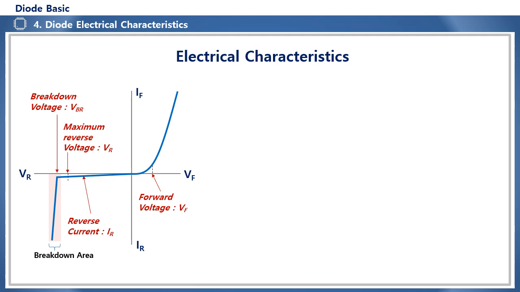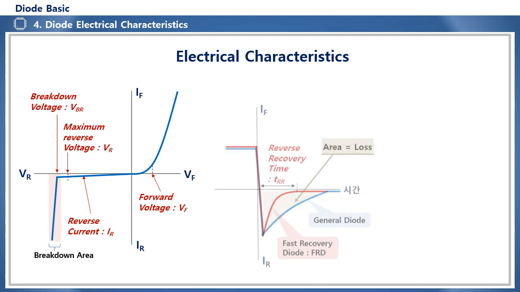The maximum reverse voltage, VR, is the maximum voltage that can be applied in the reverse direction. And the breakdown voltage is the voltage at which the diode breaks down when the reverse bias voltage is too high. The maximum reverse voltage is set to be 5 to 10% lower than the breakdown voltage.